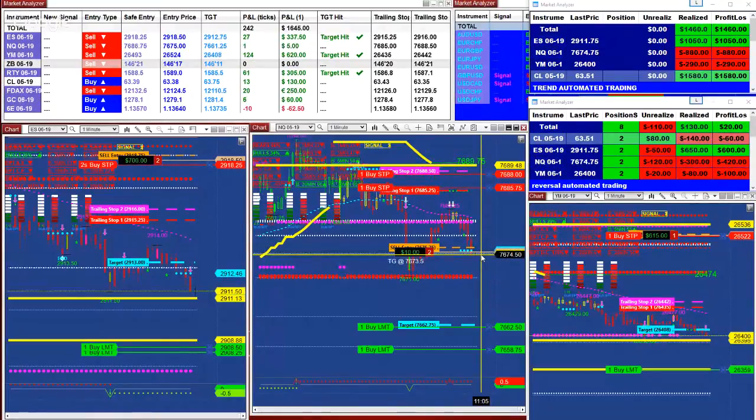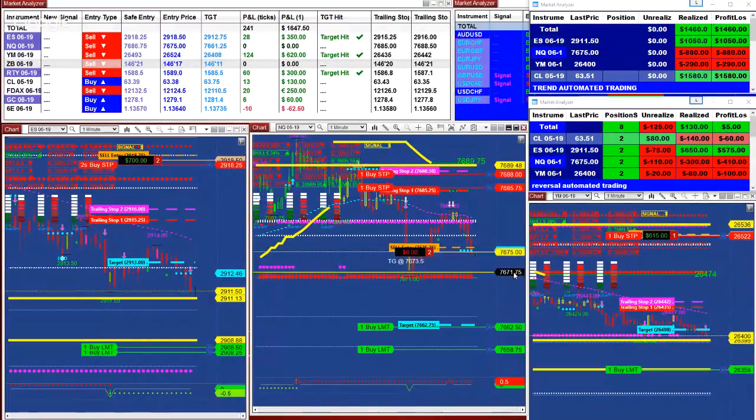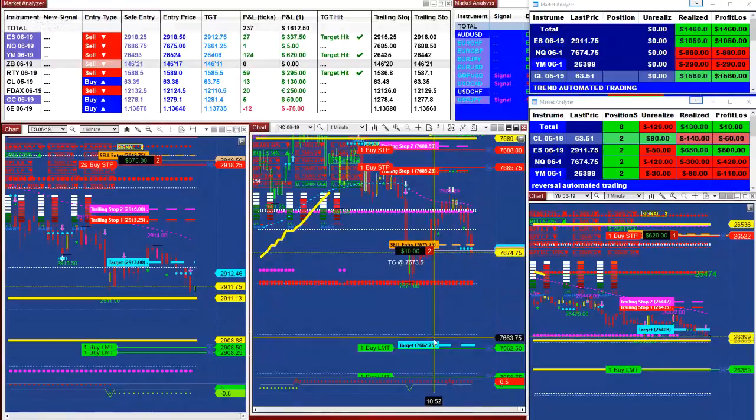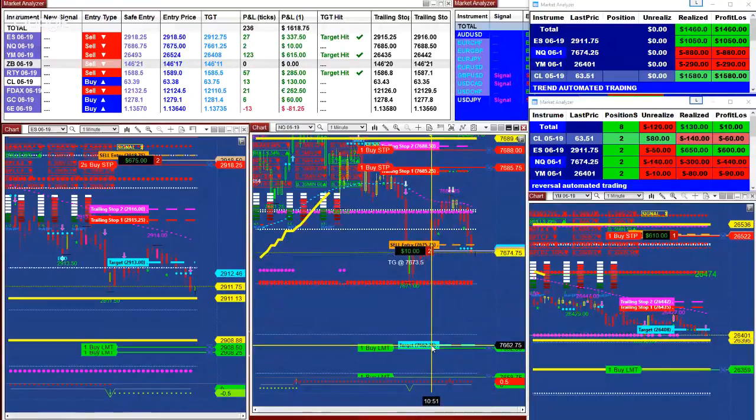For the Nasdaq, whoever is taking that trade, you need to mark the 71 level. Once we break the 71 level, your final destination is 72.75.